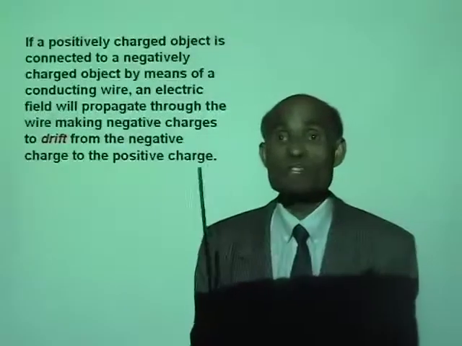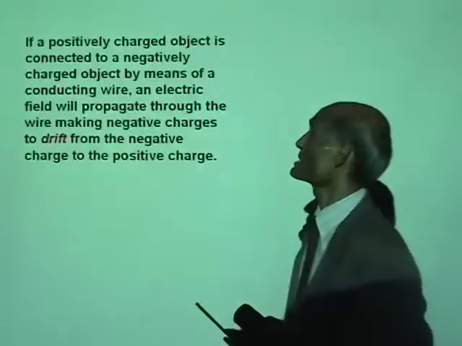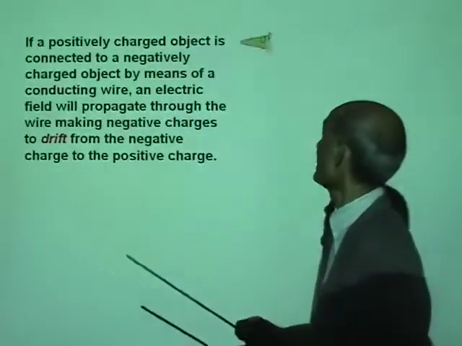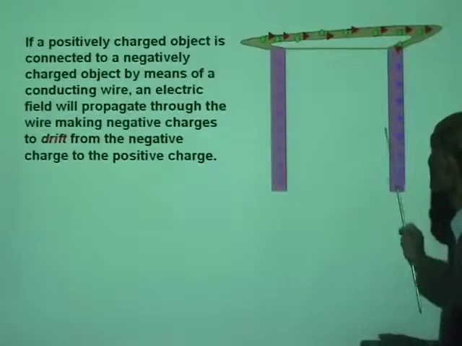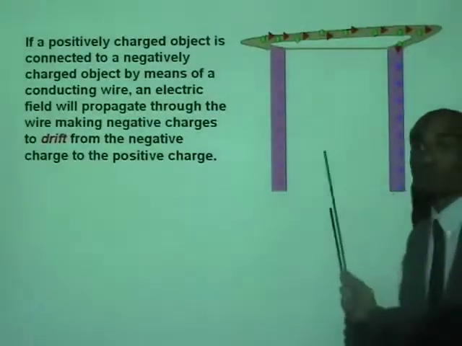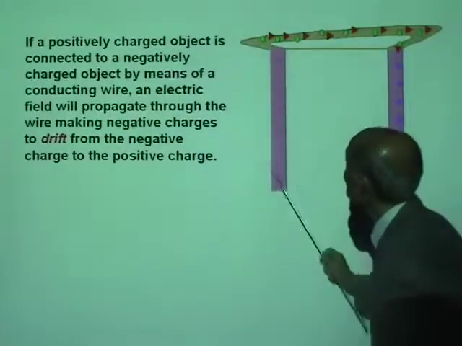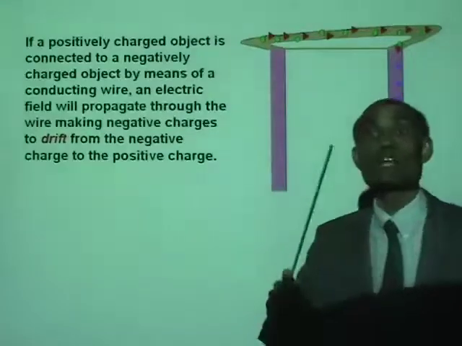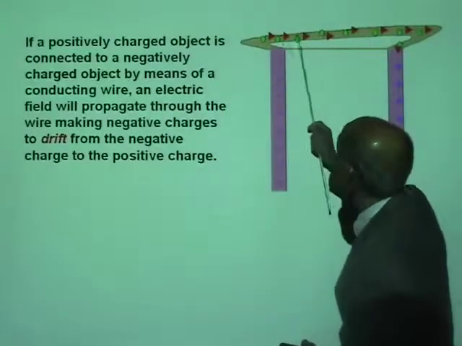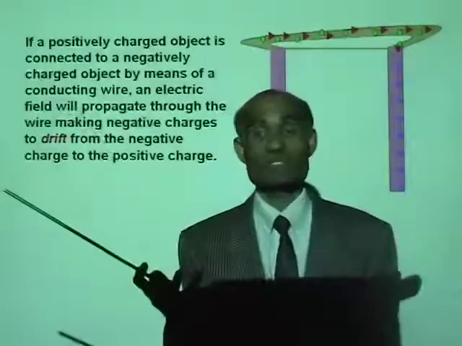Now, here I have a positively charged object connected to a negatively charged object. The positively charged object is at a high potential, and the negatively charged object is at a low potential. What happens if you connect these by means of a conductor? What is a conductor?